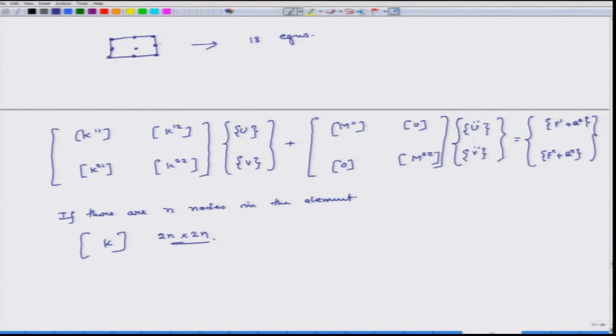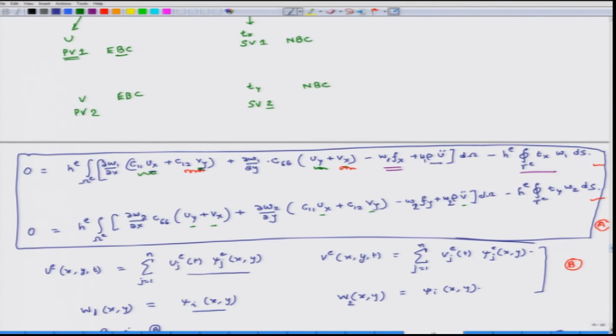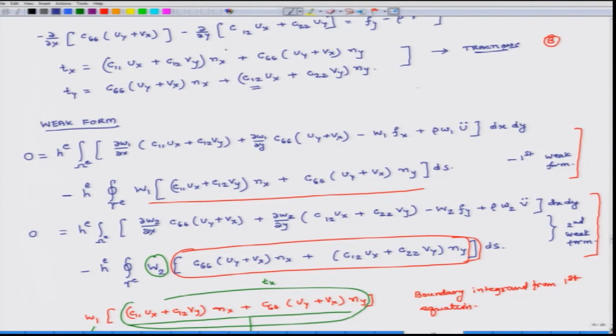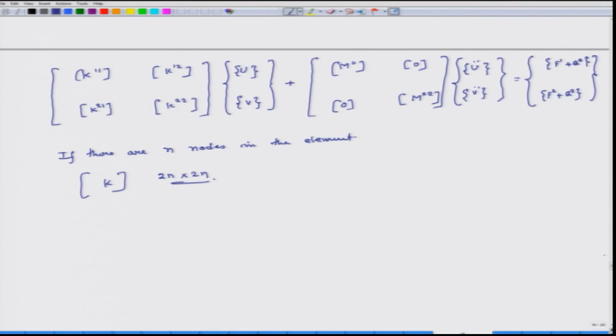The other thing is that earlier we had said that C12 was same as C21. This is true for isotropic materials and orthotropic materials.